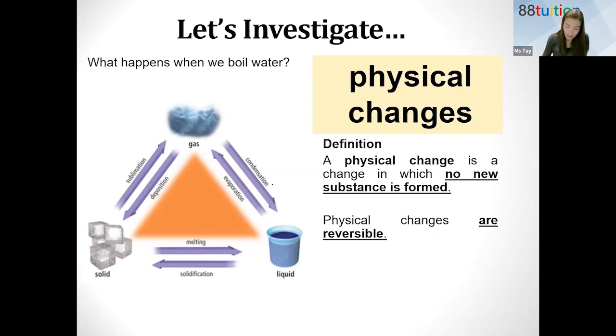That's when condensation happens. Similarly, you have solid ice melting to form liquid water. You can freeze it again, solidify it, change it back to solid ice. So the change of state can happen, it's reversible, it's not that difficult.